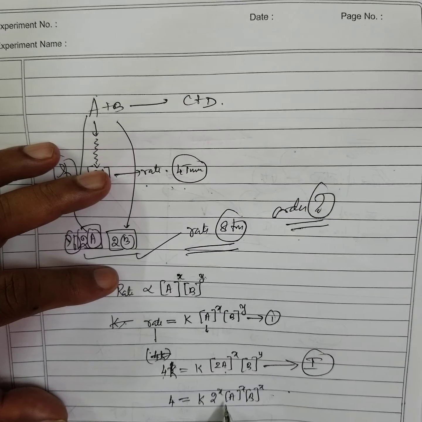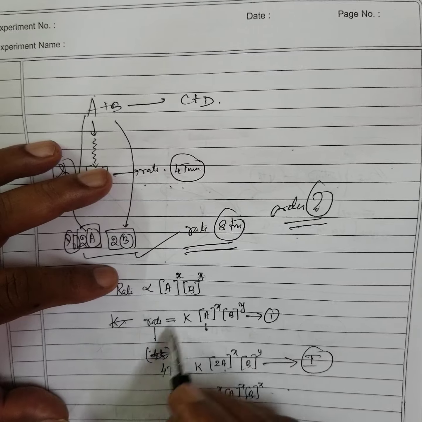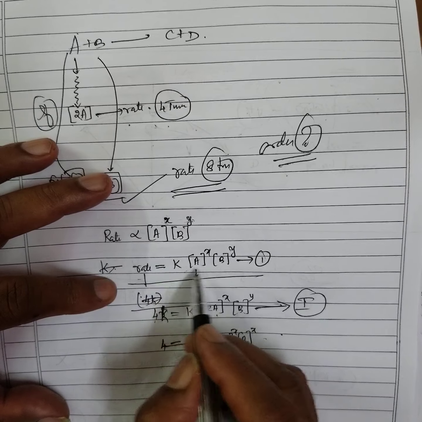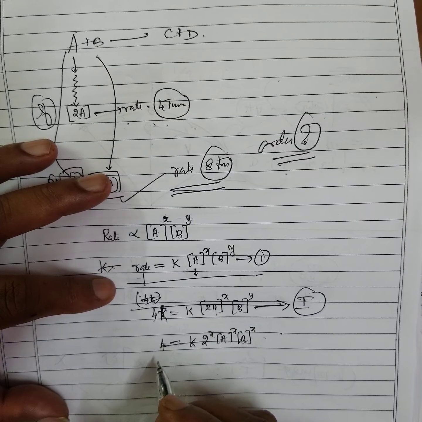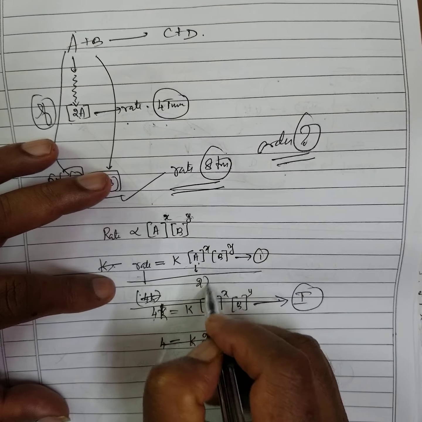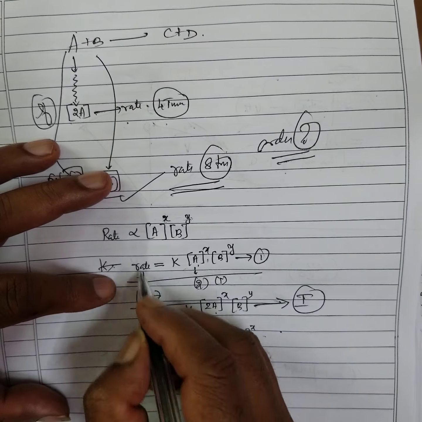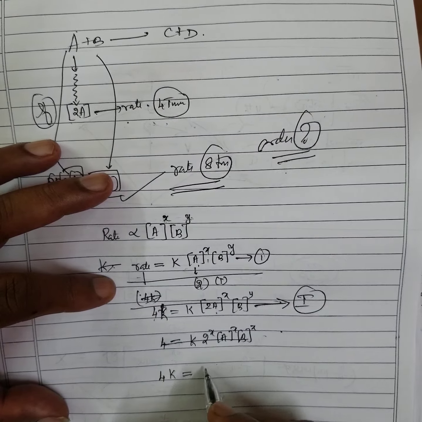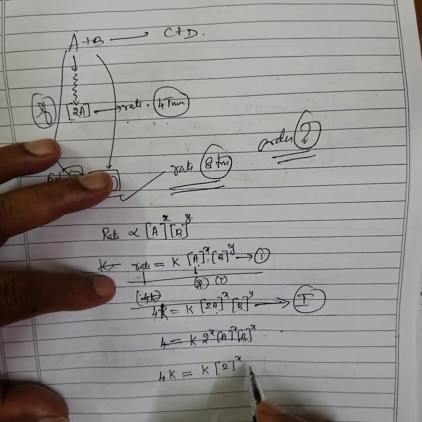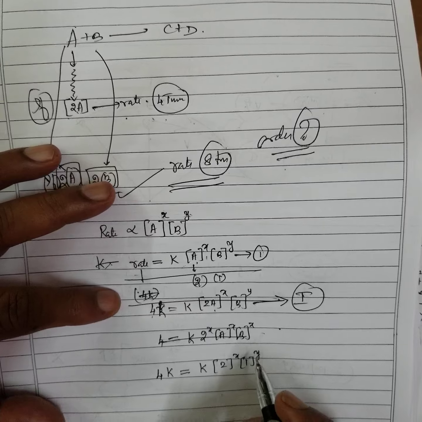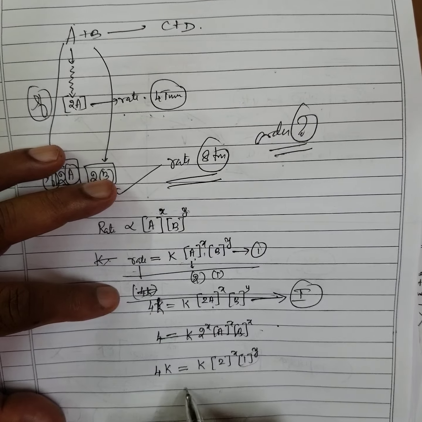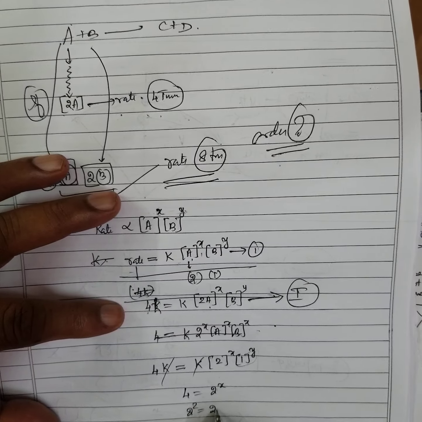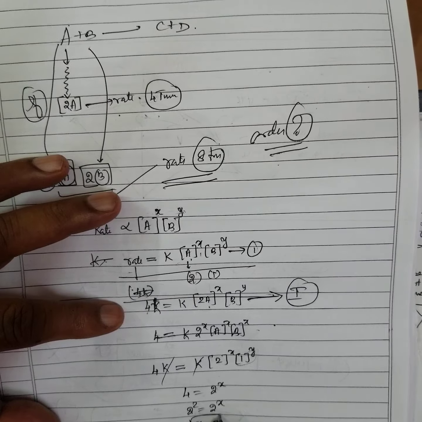The rate R is K times A to the power X times B to the power Y. When the concentration of A is 2, the concentration of B is 1. So 4K is equal to K times 2 to the power of X times 1 to the power of Y. 1 to the power of Y is 1 itself, therefore K gets cancelled. 4 is equal to 2 to the power of X, or 2 to the power of 2 is equal to 2 to the power of X. Therefore, X should be 2.